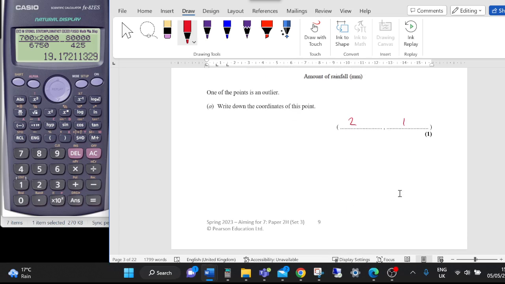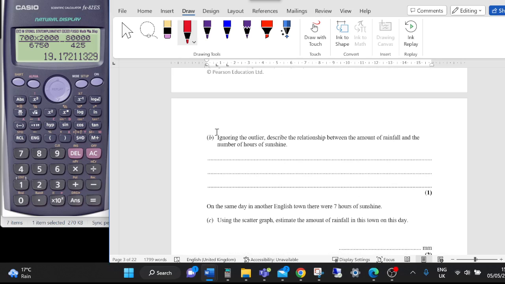Part B. Is there a part B? Part B, ignoring the outlier, describe the relationship between the amount of rainfall and the hours of sunshine. Careful one to consider here. It doesn't ask you to describe the correlation. You can use the word correlation.